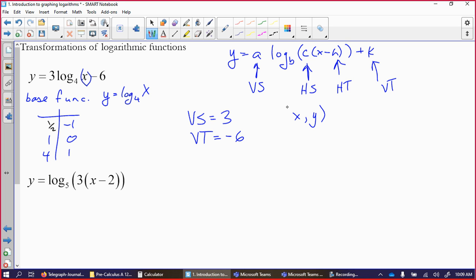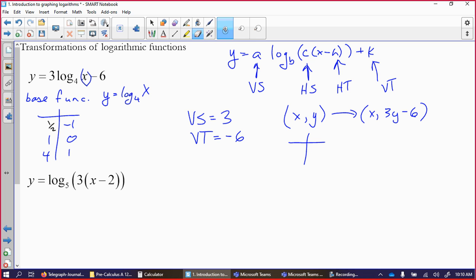We can do a mapping rule of (x, y) goes to (x, 3y - 6). We can build our new table. The x's don't change. And I did it again. Why did I do that again?